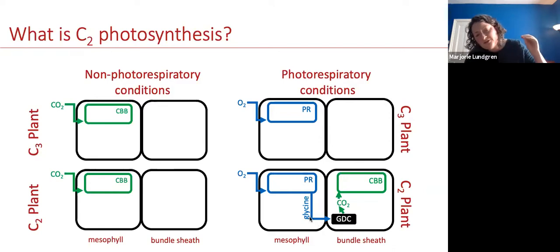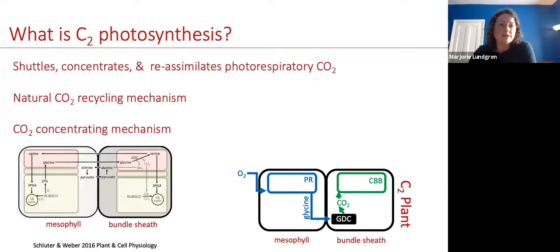Eventually there's a passive diffusion into the bundle sheath, where it can then come into contact with glycine decarboxylase, be decarboxylated, and that releases CO2 that can then be re-assimilated in a secondary Calvin cycle there. So essentially, C2 photosynthesis shuttles, concentrates, and re-assimilates photorespired CO2, making it a natural CO2 recycling mechanism and also a CO2 concentrating mechanism.